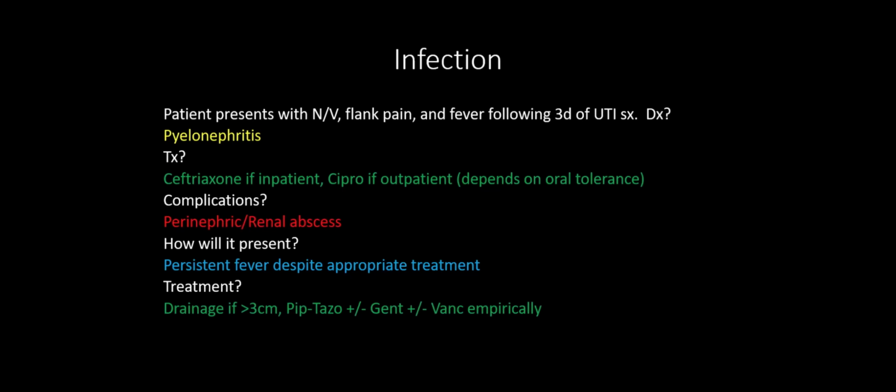It's got to be something with anaerobic coverage, which Zosyn or Piptazo has. Depending on the type of patient, if there's contraindications to aminoglycosides, Gent probably wouldn't be on there. If they have risk factors for MRSA, especially if you were to grow it in the urine culture, then Vanc would be indicated. So keep in mind that you need something with anaerobic coverage with an abscess. Usually you'd up that to Zosyn, which is probably your best answer for an exam.